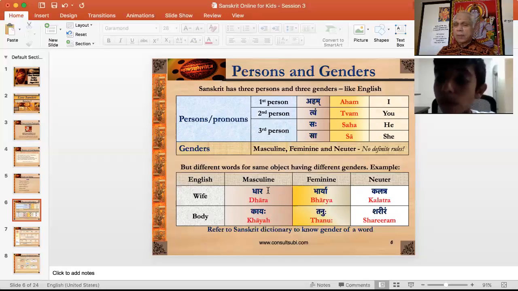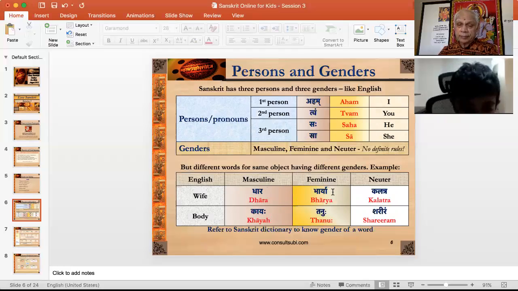How can a wife be masculine, right? It's funny, right? But it is a word which is masculine. Say same thing as bharya, then it becomes feminine. If you say kalatra, which is the third word, having the same meaning, but it is neuter gender.